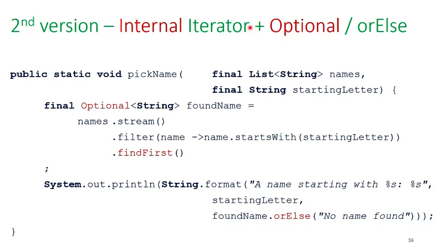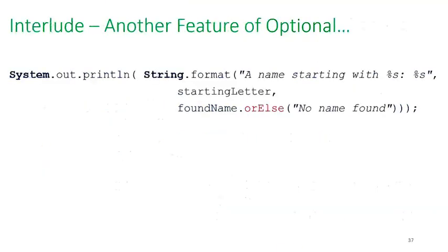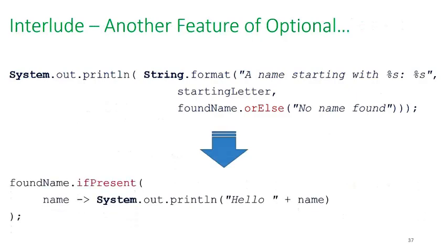So, orElse is one of the methods that you get with that Optional. We're going to look at another one called ifPresent. The deal with orElse is that it's perfect if you want to just specify a default value.